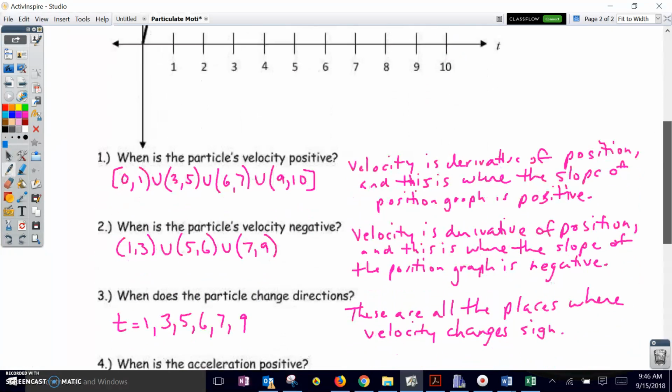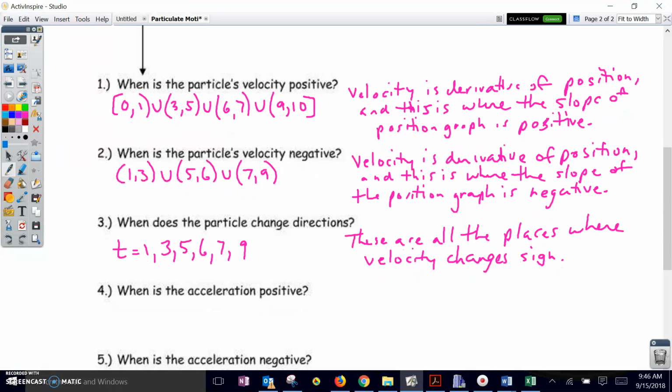Alright, question 4. When is the acceleration positive? So acceleration is the second derivative of the position function. In order to interpret this, we've looked at two different ways really of interpreting the derivative from a graph. We've looked at it as the slope of the graph, and we've also looked at it as the change in the graph.